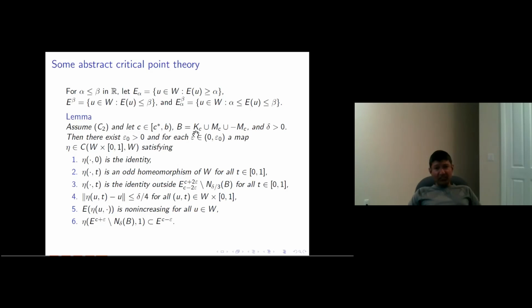And this capital V is the set of critical points at the level C, together with the sets MC and negative MC. And then the conclusion is that we get a flow, just like in the classical deformation lemma. So the flow starts with the identity, and it's an odd flow at all times.